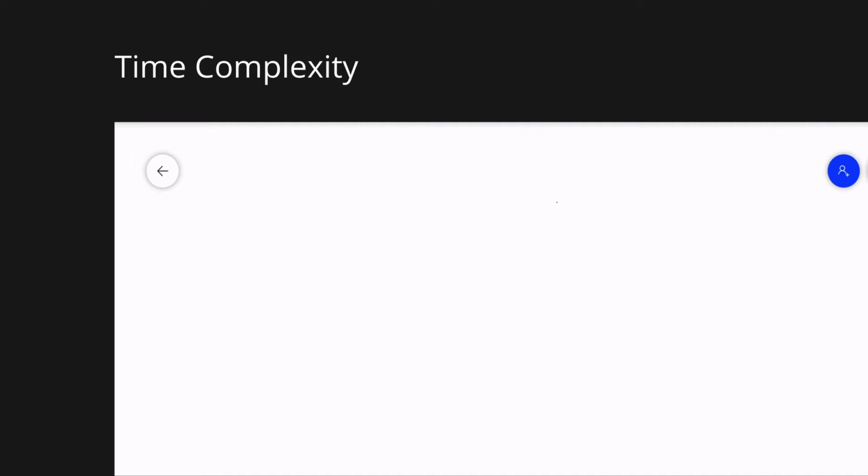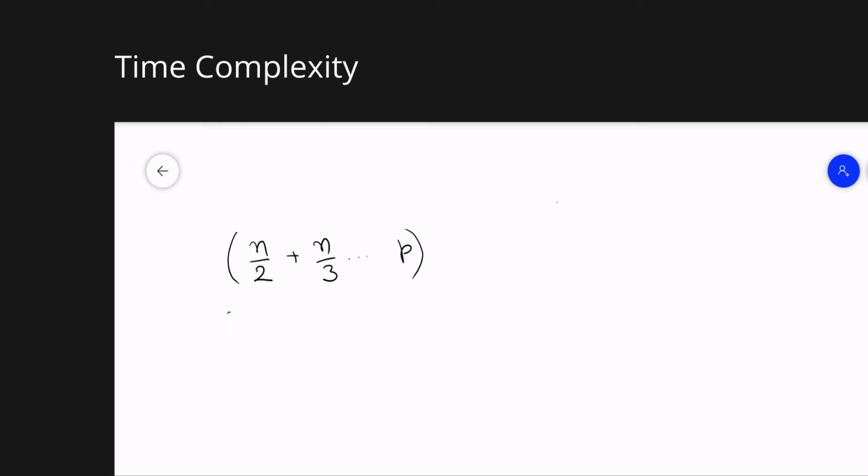Now let's look into the time complexity of this algorithm. For the first iteration, the inner loop will run n by 2 times. For the second iteration, the inner loop will run n by 3 times, and similarly it will go on up to p, where p would be a number whose square would be greater than or equal to n.